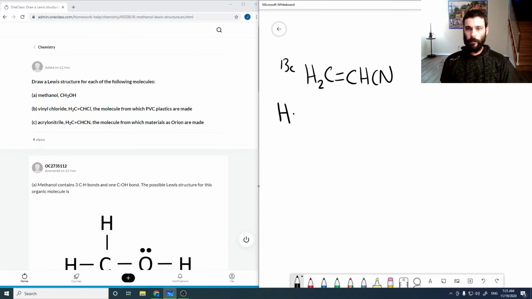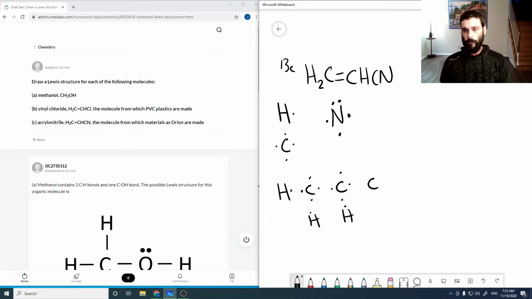Okay, so again, identify our components. So the hydrogen and carbon are the same, but in this case now nitrogen has 5 valence electrons, meaning it has 1 lone pair and then 3 left for bonding. And so we've got H, C, H, and just filling these in basically as they come up in the equation.